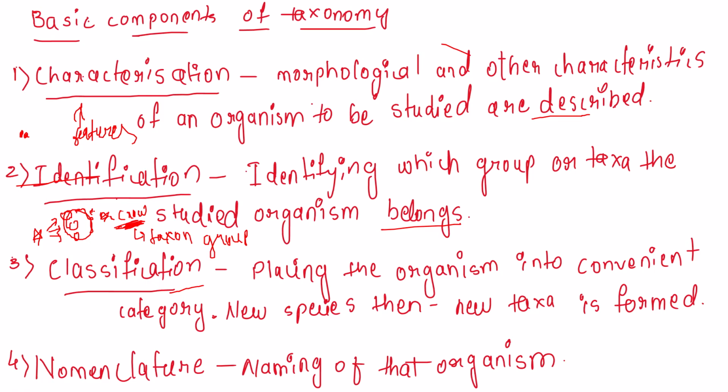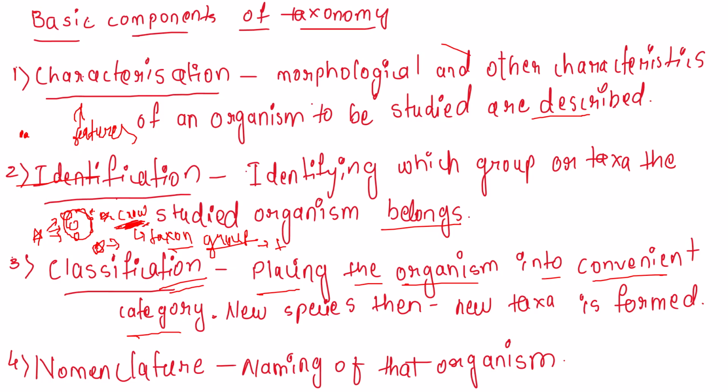Then we go to classify it, right? If we go on to identify something and we get an organism where none of the characteristics were studied before, it's a completely new organism which has been found, then we create a new taxon or a group. Now classifying existing information: if we get that of an organism which we have seen, then we place that into some convenient category.